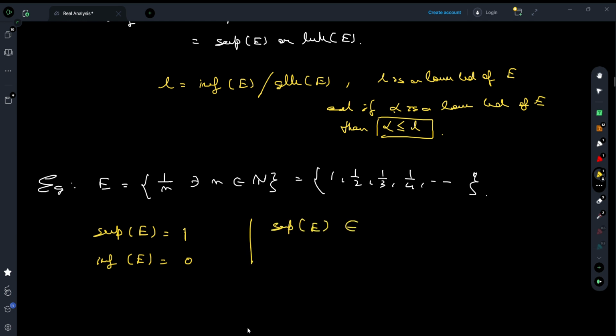Now what major conclusion we draw from here is that the supremum of E is inside E, but the infimum is not inside E, because you cannot reach exactly zero. You can just get very close to zero inside this set, because you cannot practically hold on to infinity.